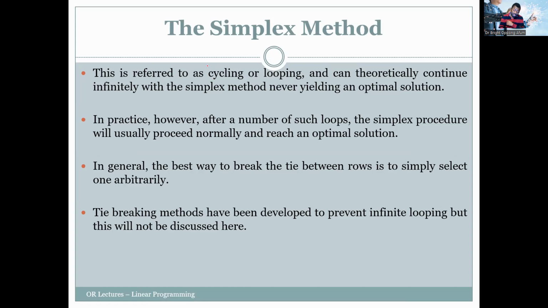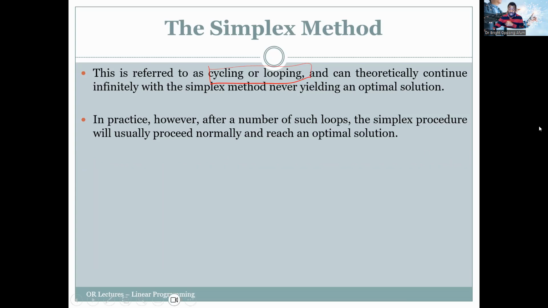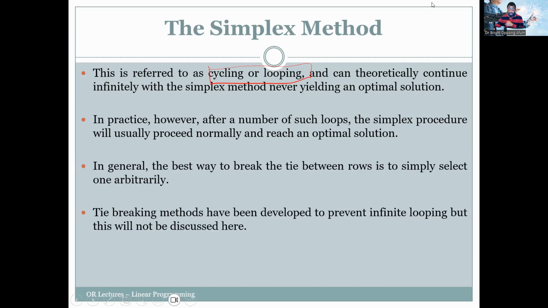But yes, it is important to know that when we obtain ties in the pivot row, right, we have a tie in the pivot row. It generates degeneracy. That is, the b_i of the other non-selected basic variable will become 0.